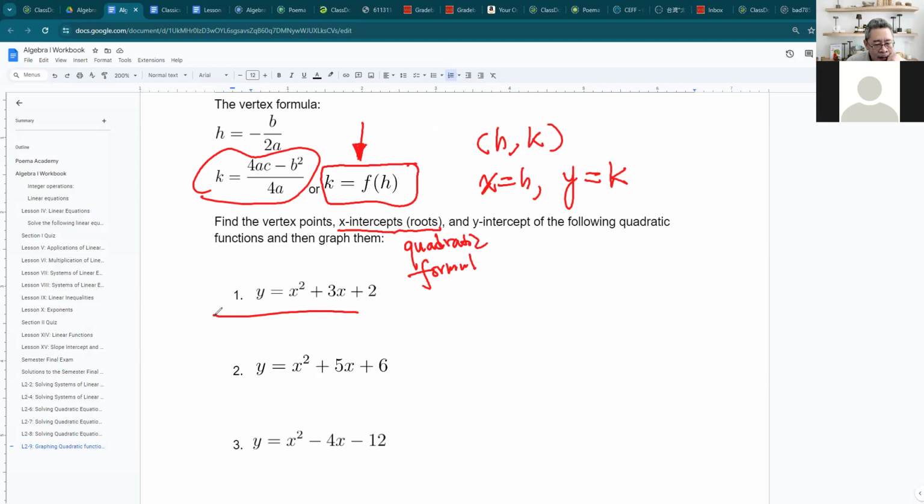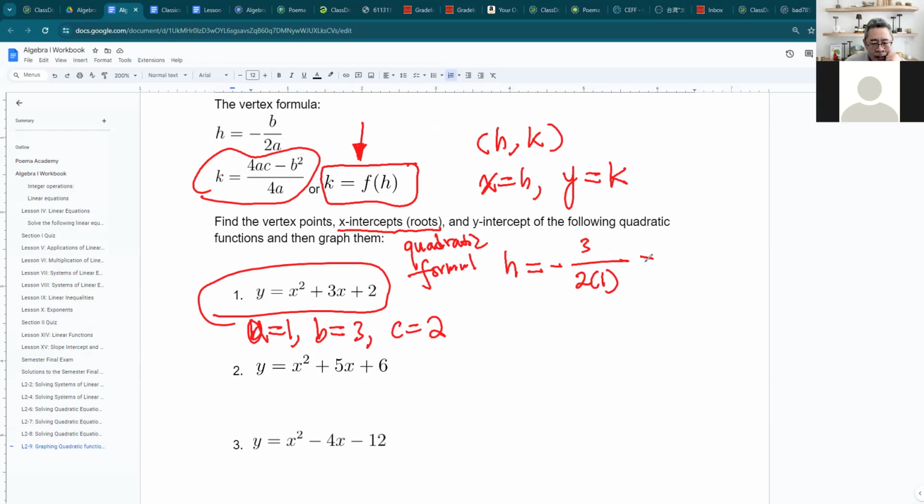So for this one, let's see what our h is. Our h is minus b over 2a. Our a is 1, b is 3, c is 2. And so we got negative 3 over 2a. So that's that.